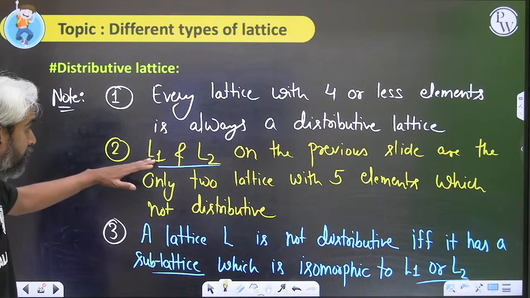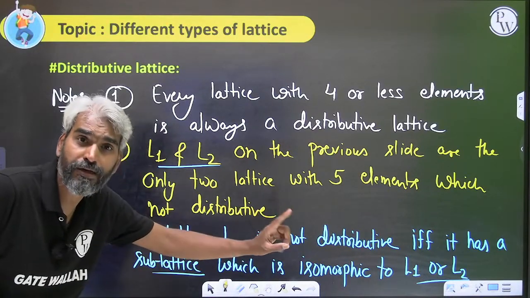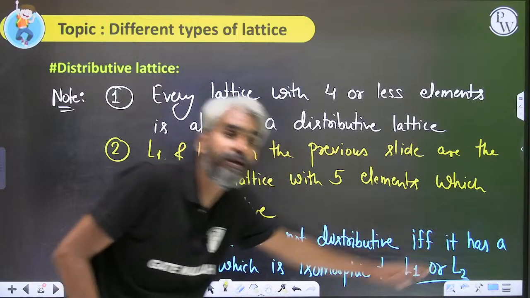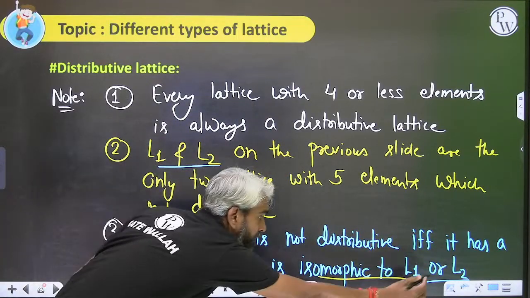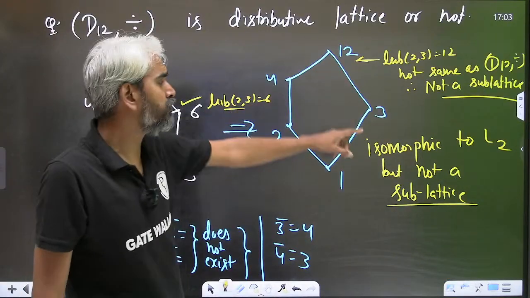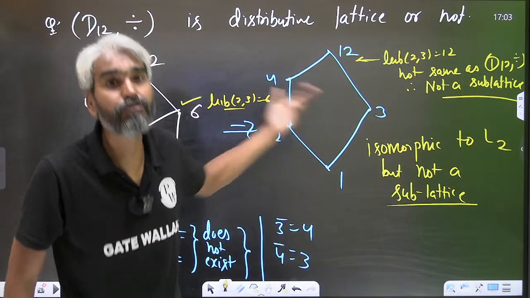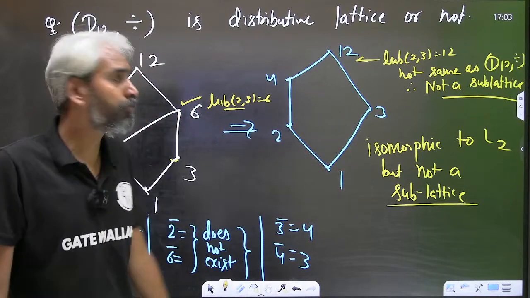Our lattice L is not distributive if and only if it has a sublattice which is isomorphic to L1 or L2. So there is a subset which is isomorphic to L2, but it is not a sublattice of the original lattice.